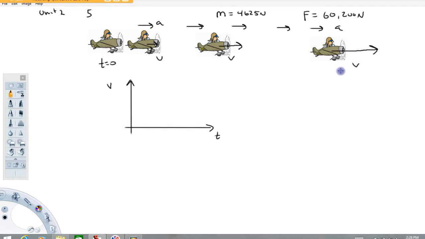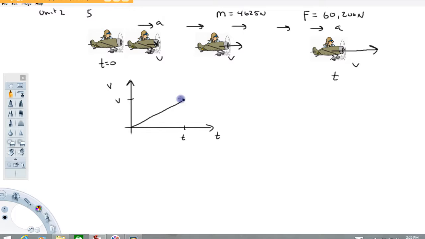Sometime later, in fact, does it say in the problem? No, we don't know the time, and we don't know the v final. So really about all we can do here is say, well, maybe t and v, and I'll just put that point on the graph.